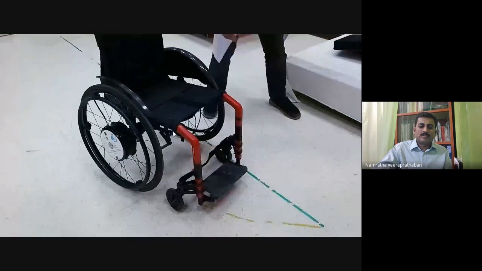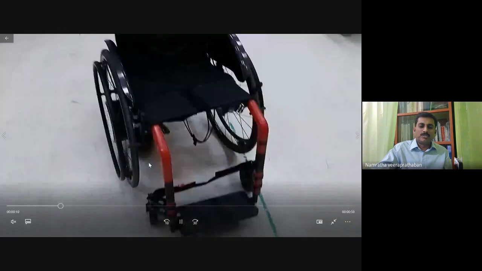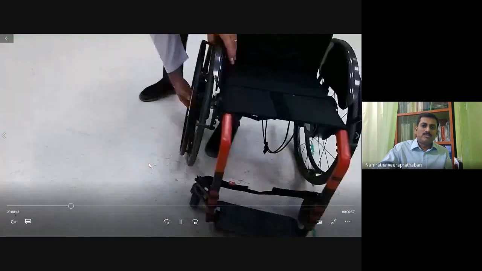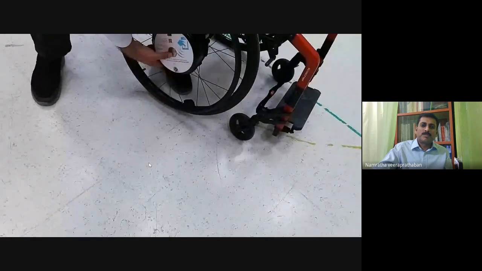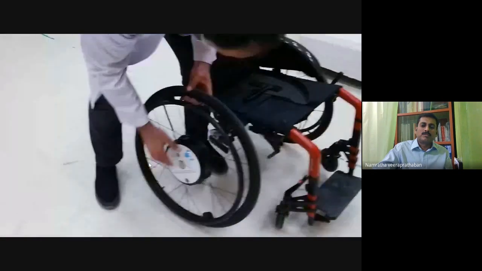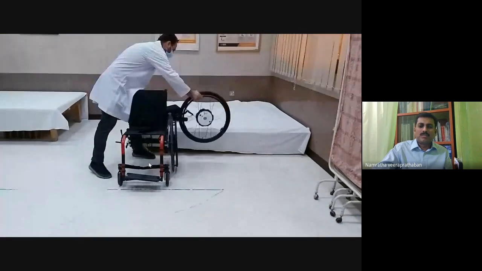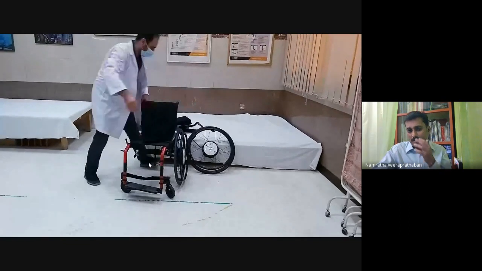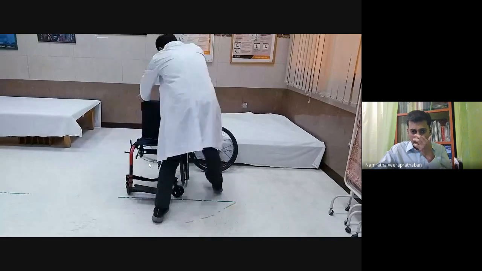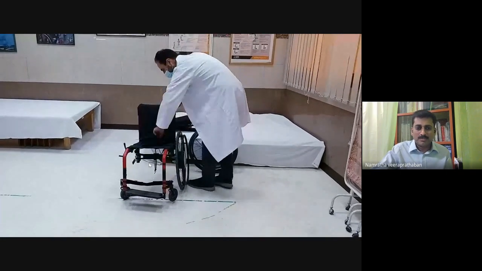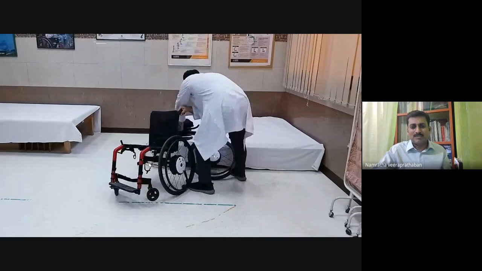When you say that this is a power wheelchair, is it going to be difficult? No, it's not going to be difficult. You can see, very easily. Just press this button and it will come out. But is it going to be a little heavy because of the motor? Maybe I can say that one wheel will weigh around 10 kilograms. So 2 wheels will be 20 kilograms, and the wheelchair weight may be around 7 to 8 kilograms.